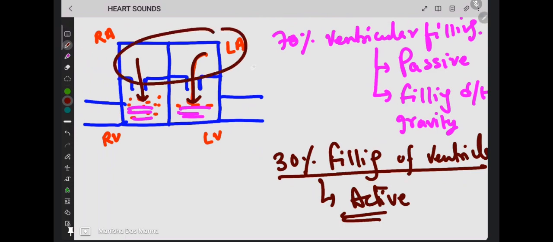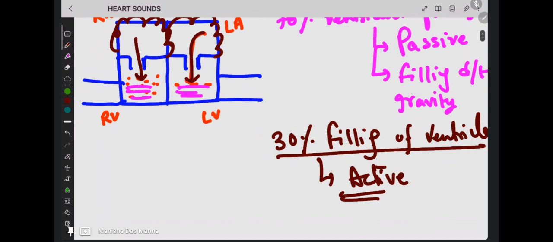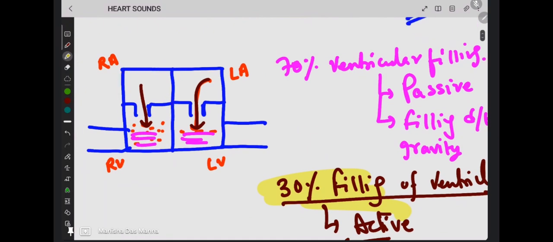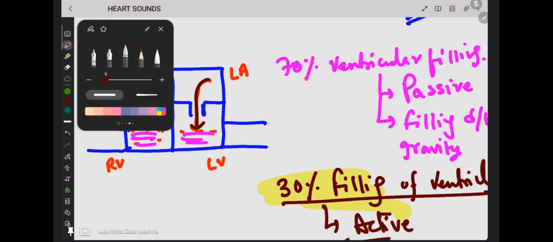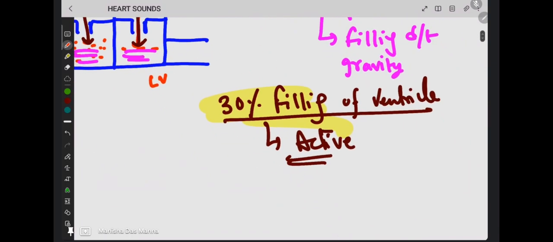That means the atrial contraction, or the systole of the atrium, is needed for the last 30% filling of the ventricle by blood.